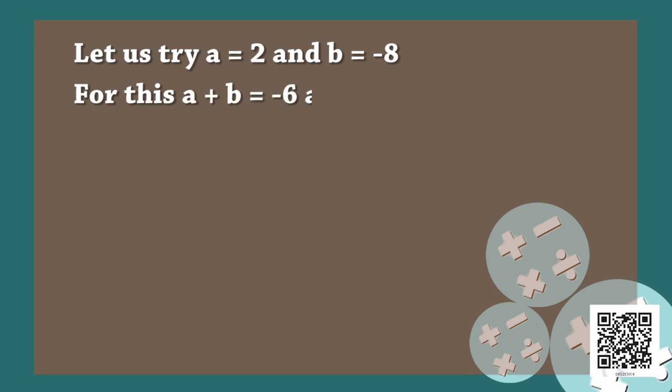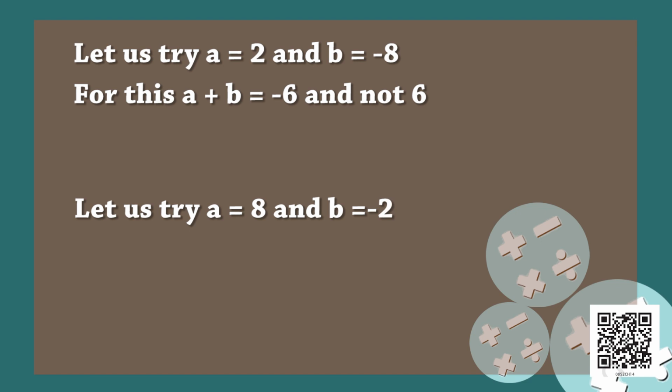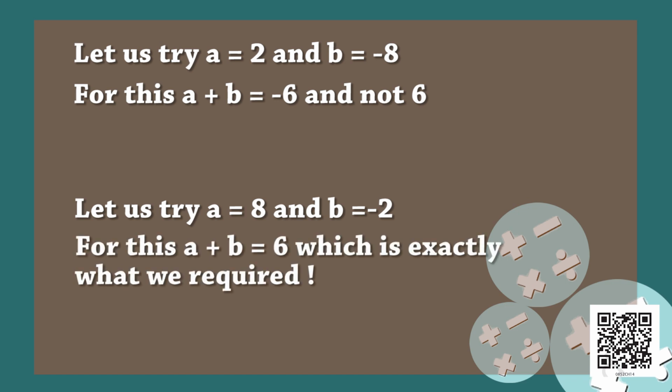Therefore, this choice is also not right. Now, let us try a is equal to 8 and b is equal to minus 2. For this, a into b is equal to minus 16 and a plus b is equal to 8 plus minus 2, that is 6, which is exactly what we required.